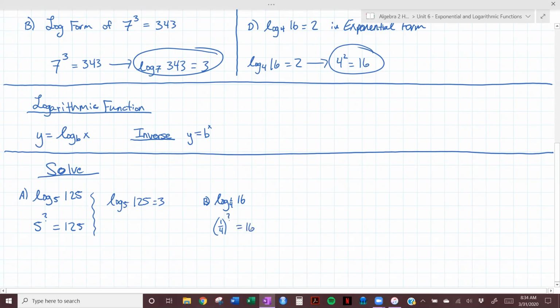If we squared that, it would be 1/16, but we need 16 as a whole, so this would be -2, because when we have a negative exponent, it flips our fractions. So log base 1/4 of 16 equals -2. Oops, sorry, I wrote -3. -2.